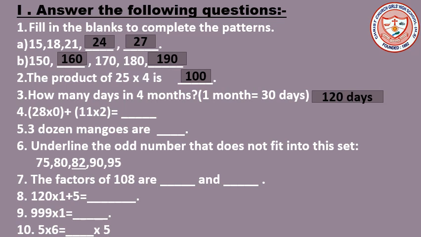Right? So 28 into 0 gives us 0. Now 0 plus 11 into 2 gives us 22. So 0 plus 22 means 22. So here our answer is 22.